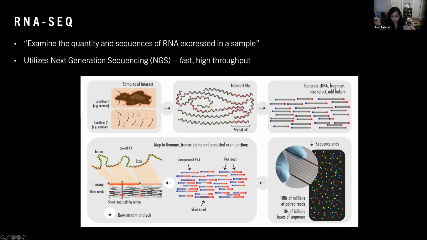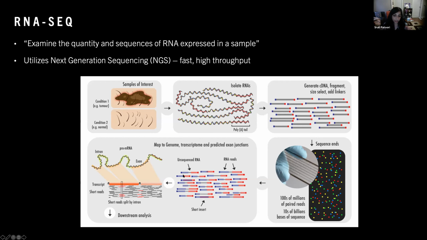The fragments that you add onto the end, the tags, have a known sequence. So then you can amplify those using primers for the tag sequence, and then sequence those reads as well, because you have the information of the tag.